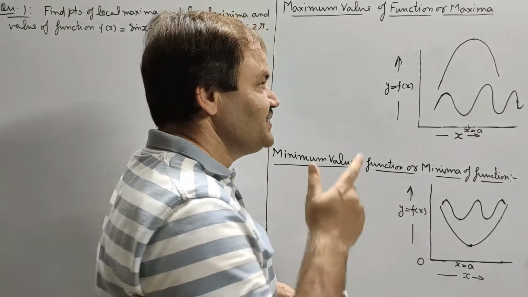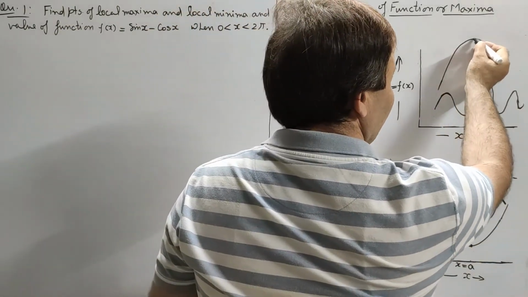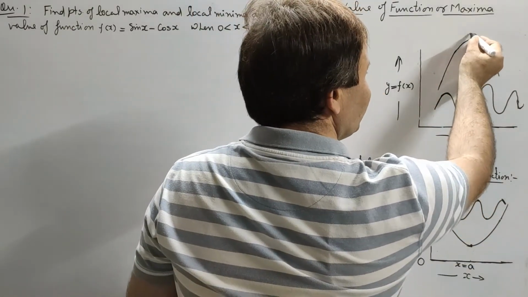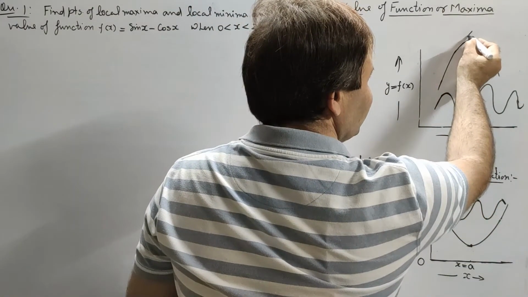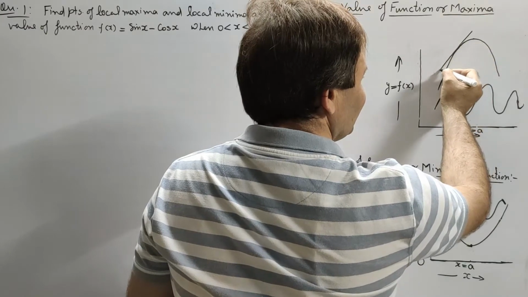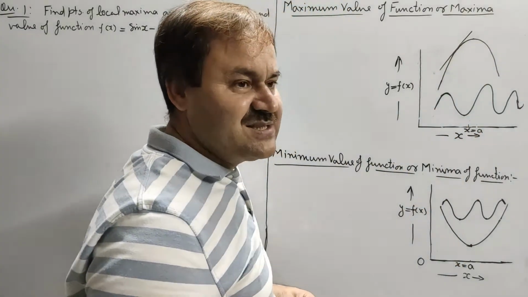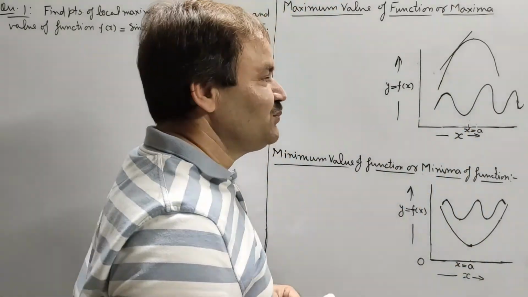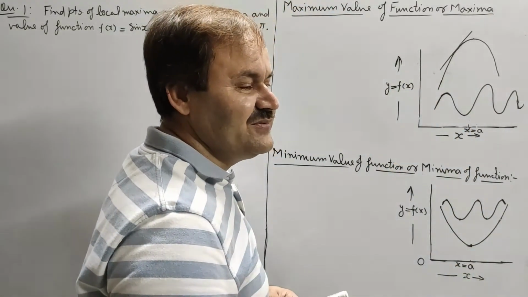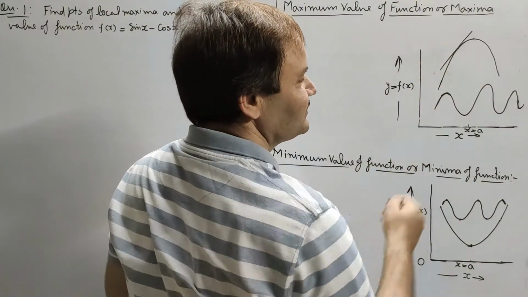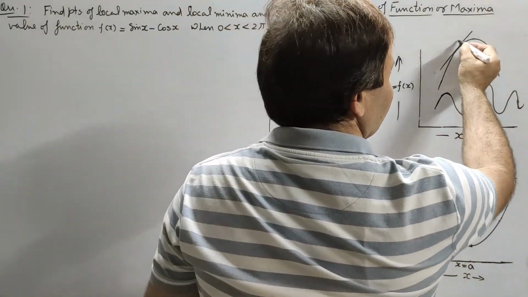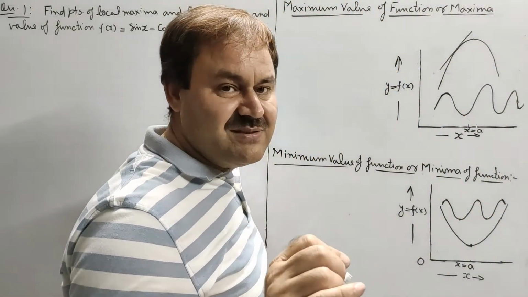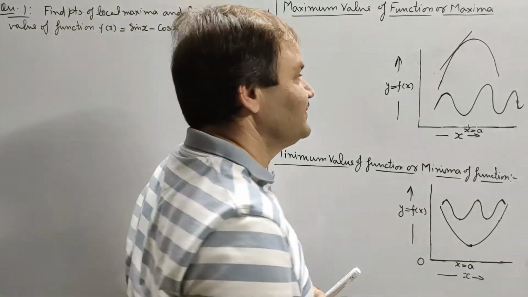If a function is assuming a maximum value at a point, then before this point, if we draw a tangent to the y versus x curve, then the angle made by the tangent with the positive x-axis will be acute, and hence the slope of the tangent to the curve will be positive.